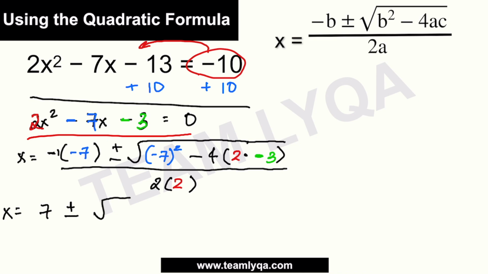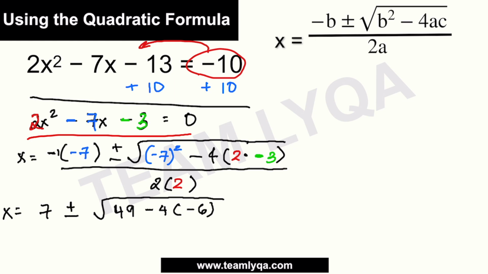Plus, tapos you have the square root of negative 7 times negative 7 is positive 49. Okay? Minus 4 times 2 times negative 3 is negative 6. Or, kung gusto nating idiretso na yung dalawa na yan, so negative 4 times negative 6 is 6, 12, 18, 24.